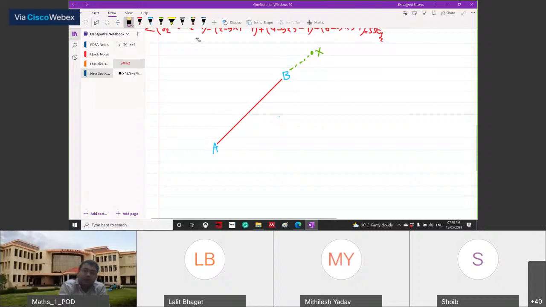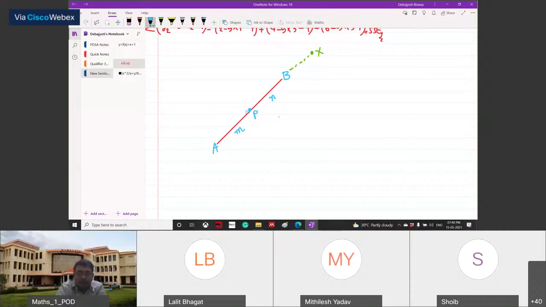Okay. Now at first, if it was internal section, let's discuss internal section only a little at first. So suppose this point P divides this line AB in the ratio m is to n.